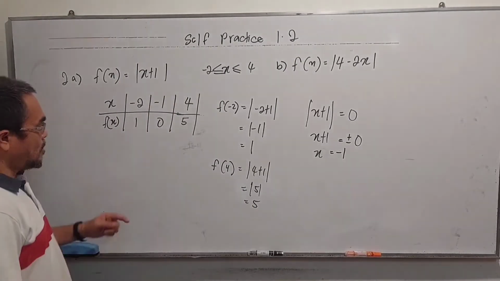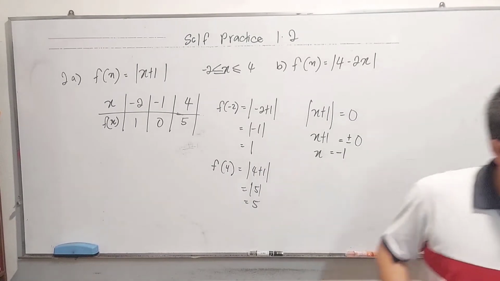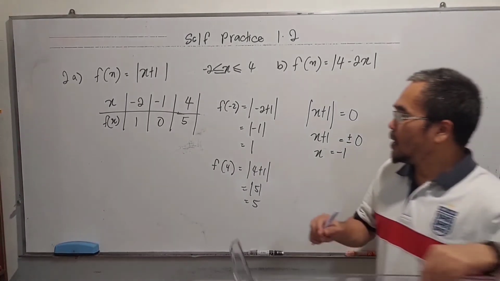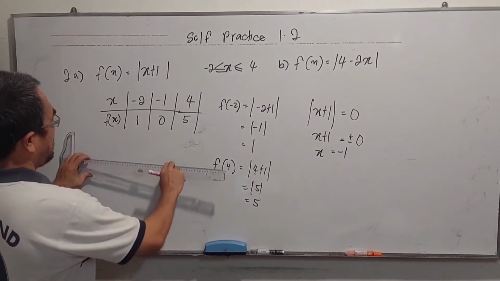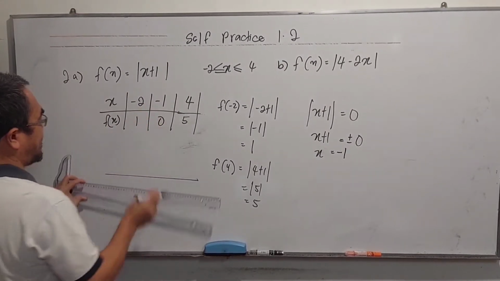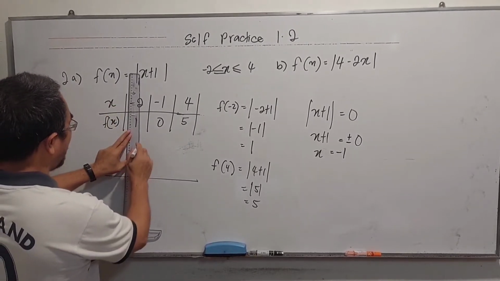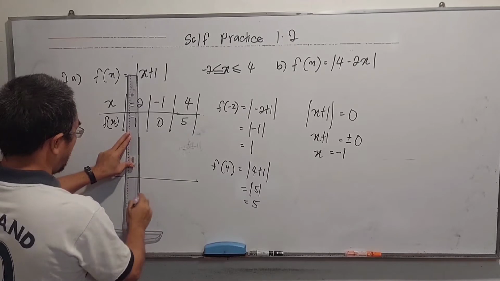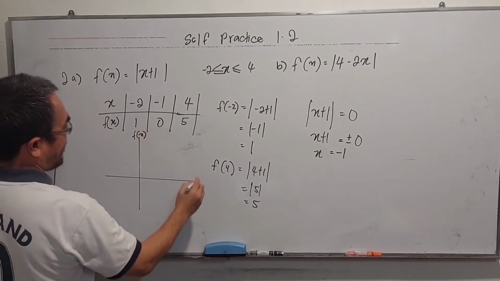Then what you do, you draw the graph, the x-axis and the y-axis. Make sure you have space for the negative. So the y-axis will be here, the y-axis of f(x).